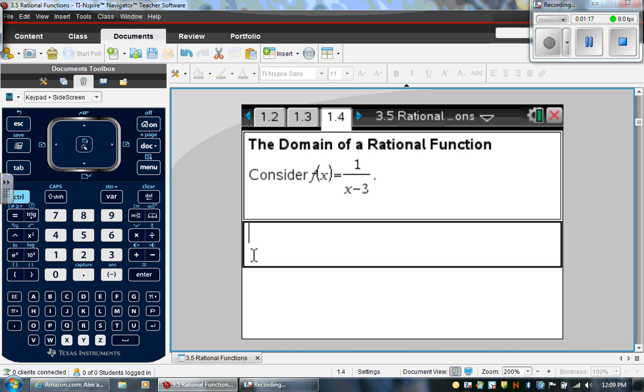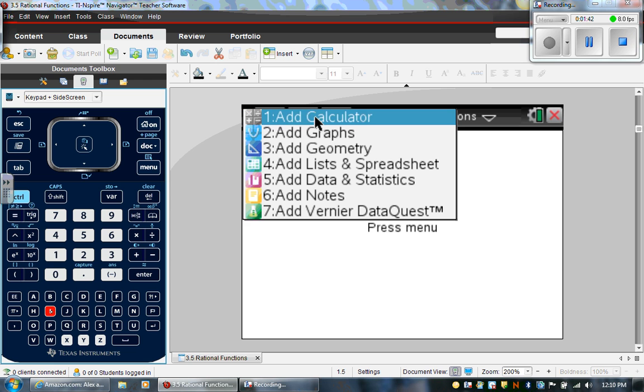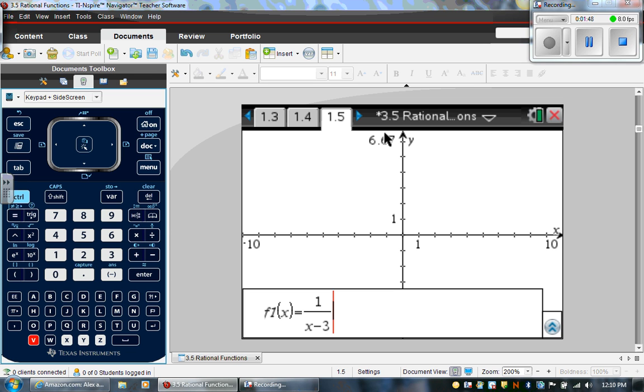The domain of a rational function: we're going to talk about f of x equals 1 over x minus 3. With this function, there's a few ways we could look at it. We could look at the graph of it and determine from there what our domain would be. So I'm going to insert a graph page, Control I, add a graph, and graph that function, 1 over x minus 3.